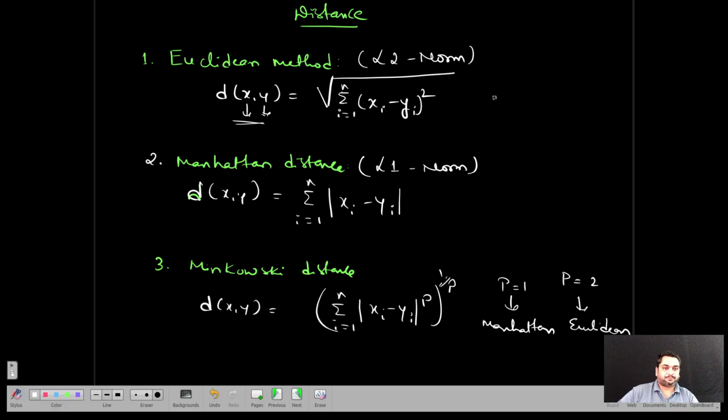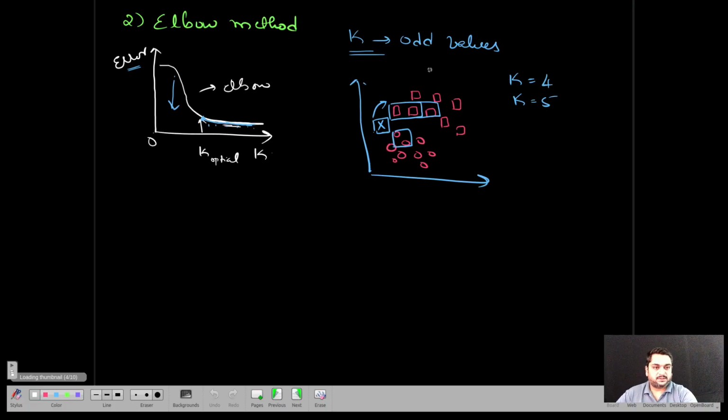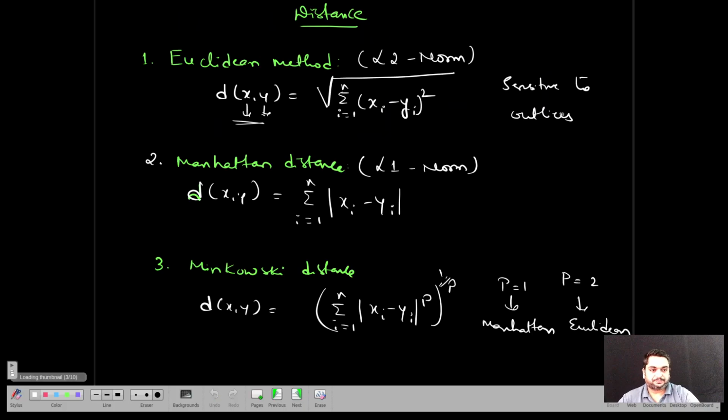Now, the Euclidean distance is sensitive to outliers. Outliers means, for example, I have some data points here, and they are far away from this. So when I calculate the distance, it becomes sensitive, meaning the prediction changes very drastically. So it may not be so accurate if there are outliers in my data.